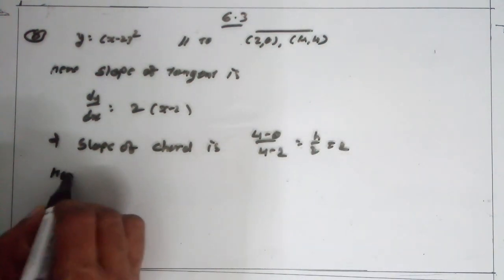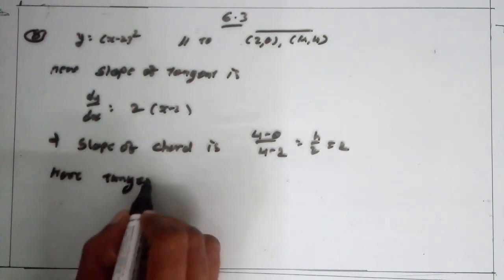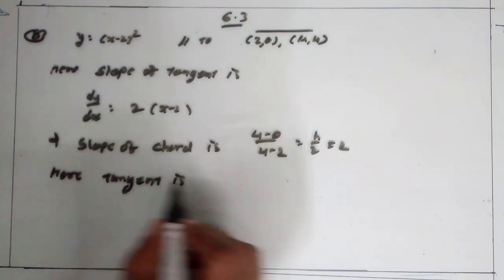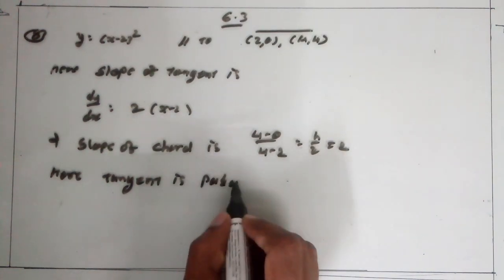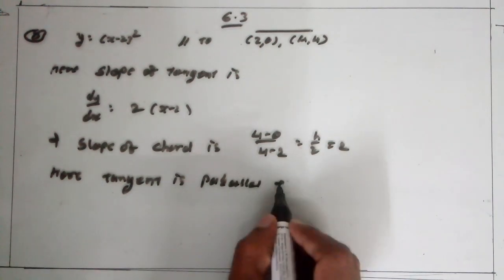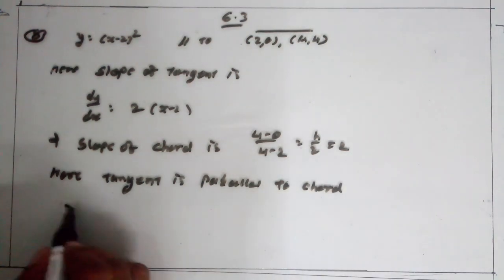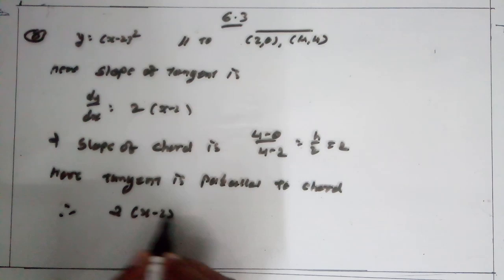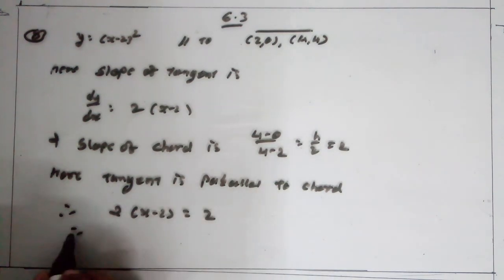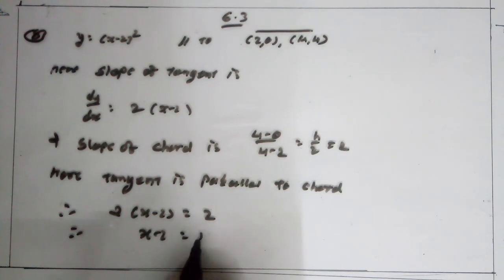Here it is given that the tangent is parallel to the chord, therefore 2 into (x minus 2) is equal to 2. Dividing by 2 on both sides we get x minus 2 is equal to 1.